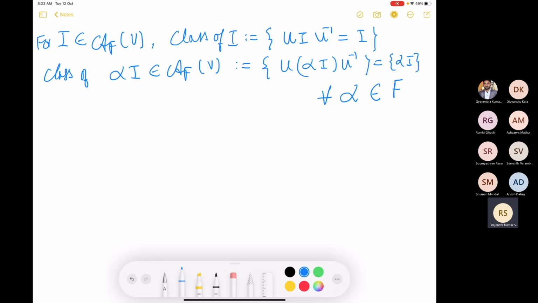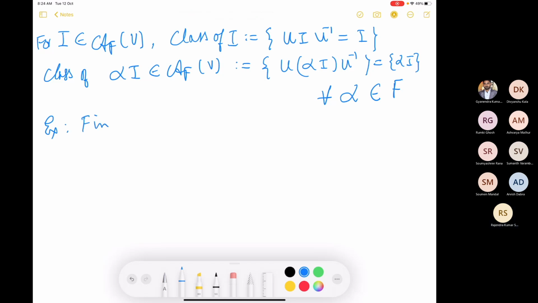But that may not be the case for other linear transformations. It will be interesting to see when the class of a linear transformation T is a single element. So this is for you to see.